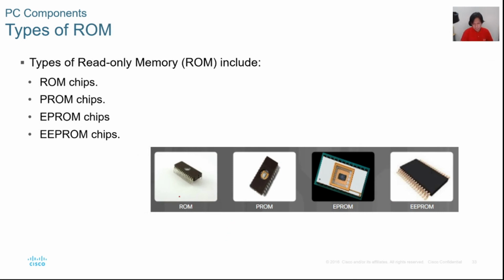These are the different types of ROM. It starts with the read-only memory, and we have the PROM, where P stands for programmable read-only memory chips.